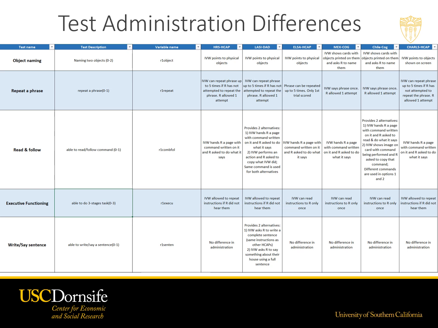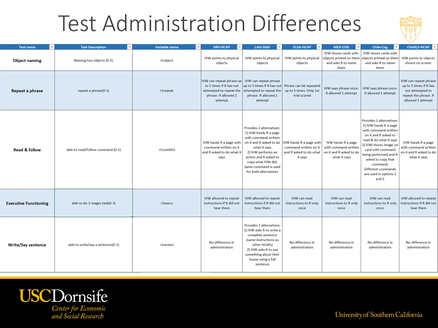In the reading and following a command task, interviewers in all of the studies hand respondents a page that has the command written on it, and the respondent is asked to do what it says. However, both the LASI-DAD and the CHILICOG provide an alternative test in case respondents are illiterate. In the LASI-DAD, interviewers perform the action, and the respondents are asked to copy what the interviewers did.